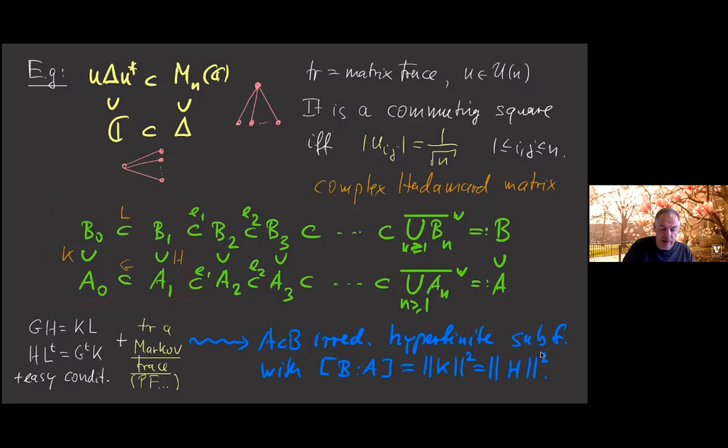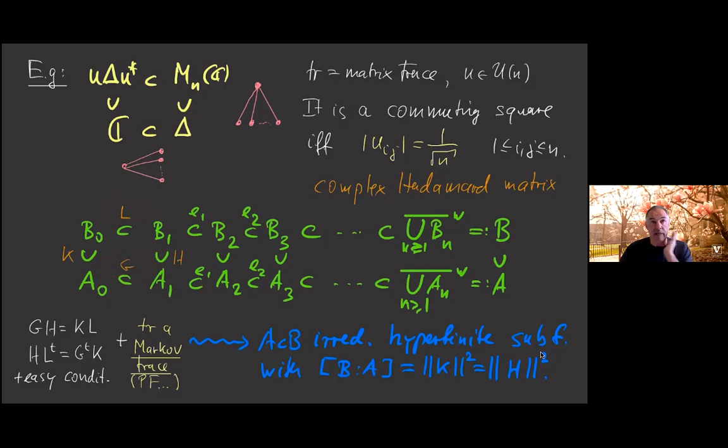The graphs that give you the inclusion of the multi-matrix algebras are denoted by G, H, K, and L. Then you need a certain non-degeneracy condition of that commuting square, so certain compatibility conditions of the inclusions. And more importantly, you need a particular trace on the biggest algebra, a so-called Markov trace. It's, for instance, given by a Perron-Frobenius eigenvector of LL transpose or of GG transpose. But let me not get too much into this.